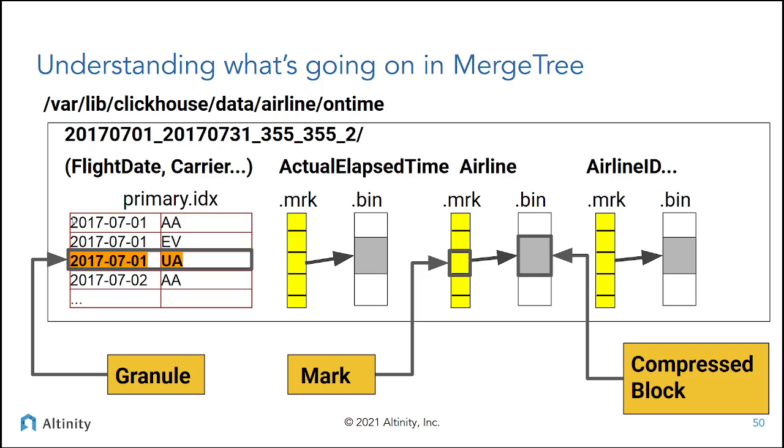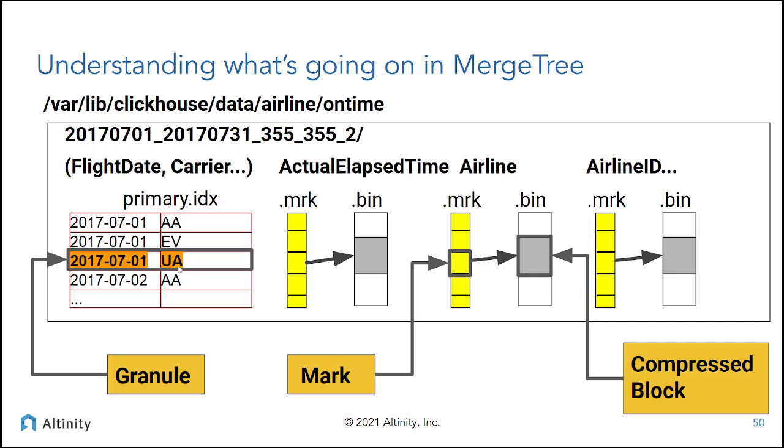And what ClickHouse will do is it will use this to locate rows if it can, but within the columns will then have what are called marks, which correspond to granules of data. So they roughly correspond to compressed blocks, but the compressed blocks actually have more than one granule in them typically.